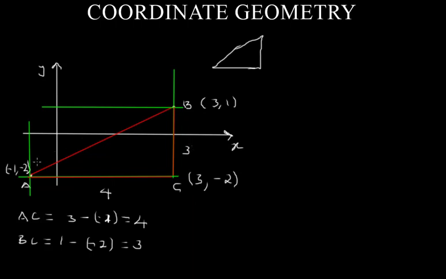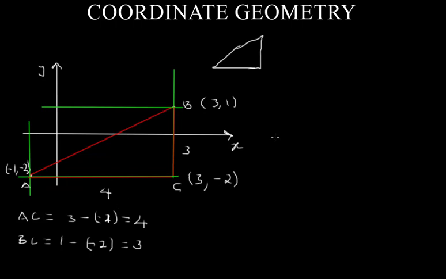And we would find this distance AB by applying the Pythagorean theorem, which states that the hypotenuse, being the longest side, squared is equal to the opposite squared plus the adjacent squared.